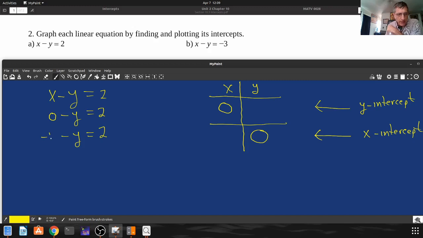So minus 1, both sides, maintains the equality. So minus 1 times minus y gives me y. And this is equal to 2 times minus 1, which is minus 2. So my value of y is minus 2. It's not the origin. So that means immediately when I find my x-intercept, I'm going to get a different point.